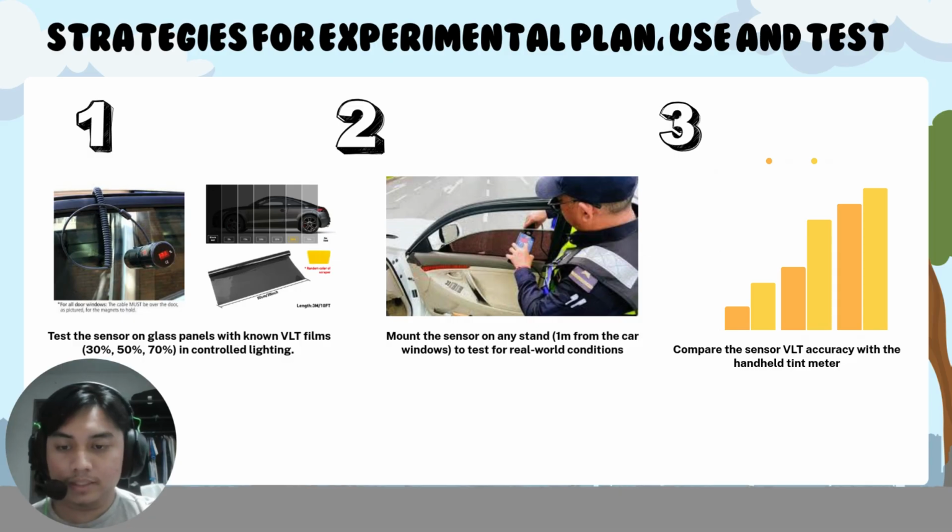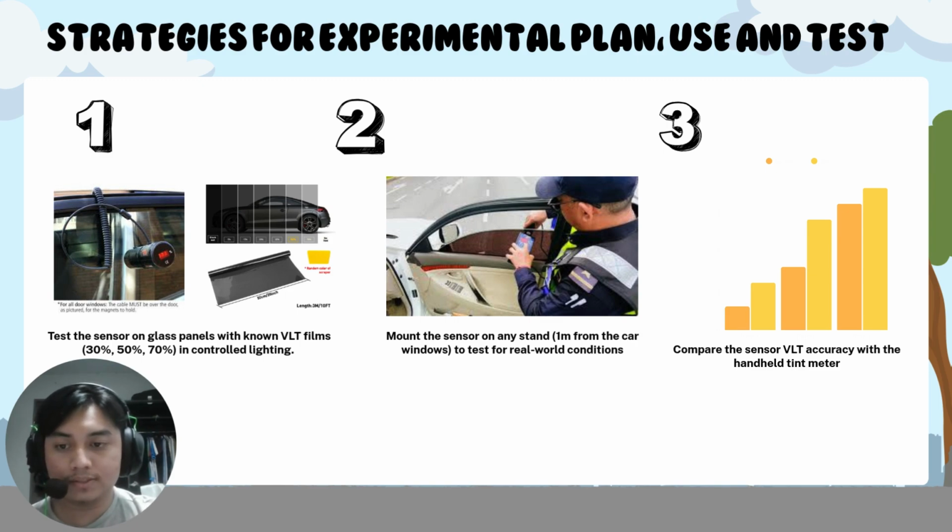Normally most of the officers will choose the 70%, because in JPJ regulation in Malaysia, the car needs to exceed more than 70% VLT to pass. And it also says that it needs to be done in controlled lighting. So move on to the second picture, which is when to use and where to use.